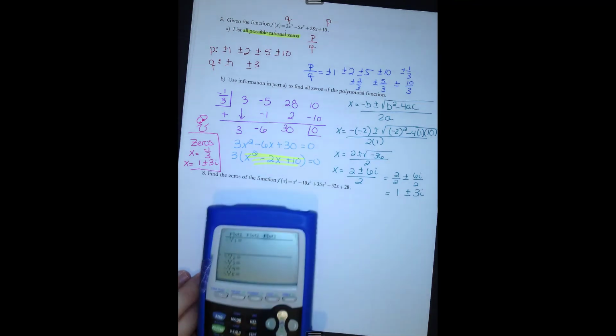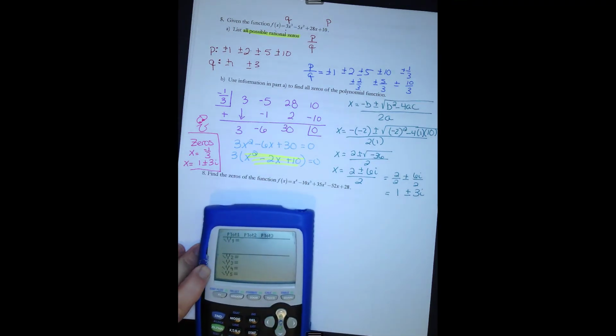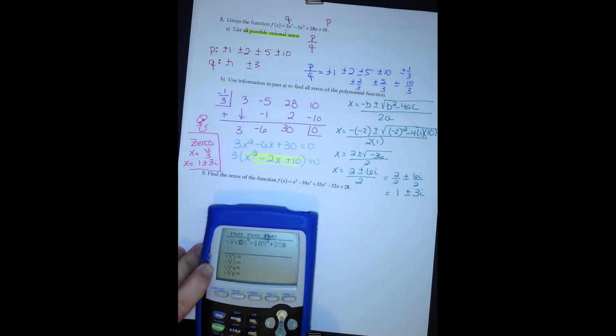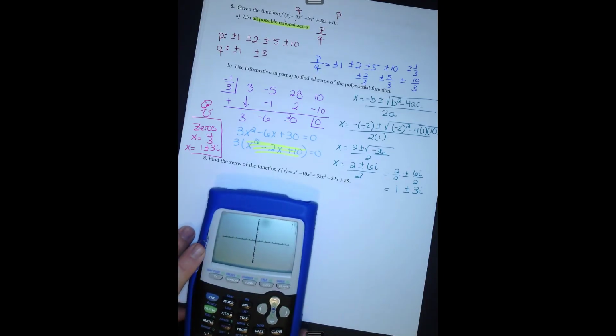So first place we're going to start, we're going to put this in our calculator. So we have x to the fourth minus 10x to the third plus 35x squared minus 52x plus 28. And we're going to go ahead and hit graph.